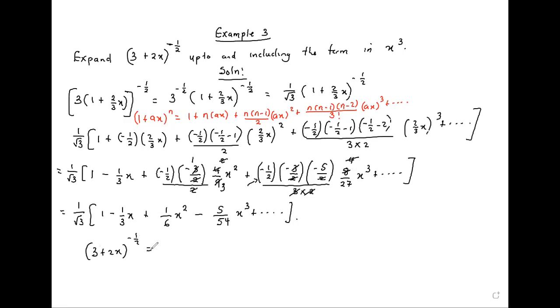If you expand this, you have 3 to the power negative 1 over 2 as your first term, plus 3 to the power negative 1 over 2 minus 1 multiplied by 2x plus, in fact, as you are doing that, no, sir, I'm not getting what you're writing down.